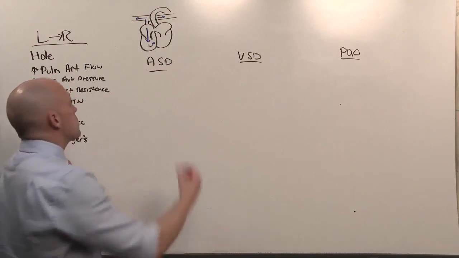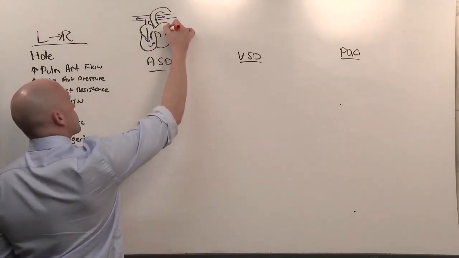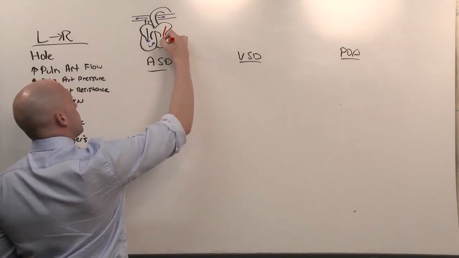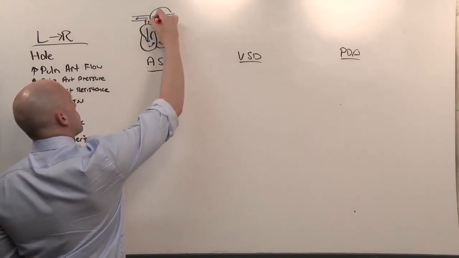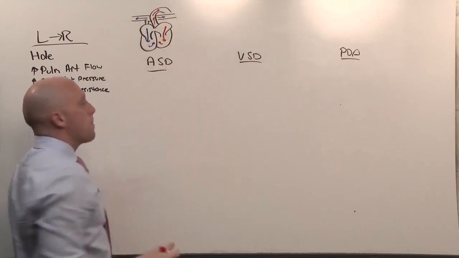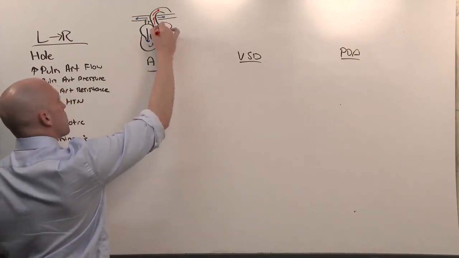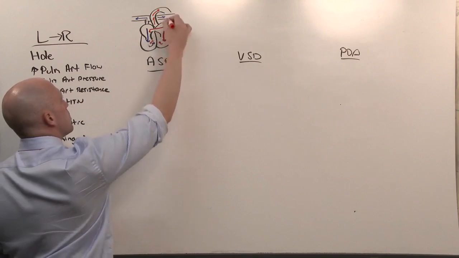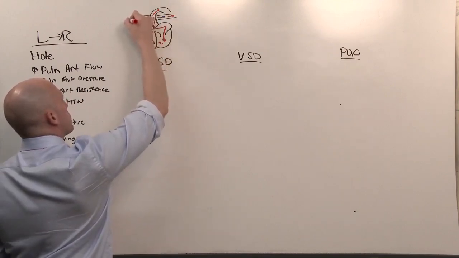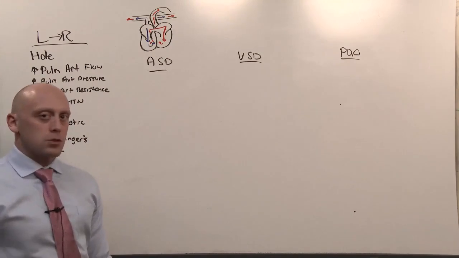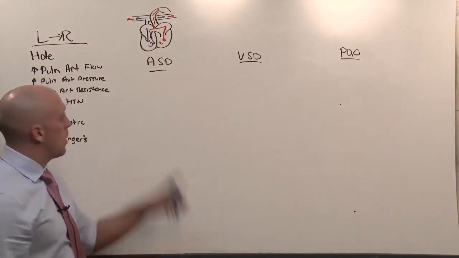Oxygenated blood returns to the left atrium and goes through the left ventricle, out through the aortic valve, into the aorta. But now there's a hole that allows blood to go from the left atrium back into the right ventricle, adding extra blood to the pulmonary artery.